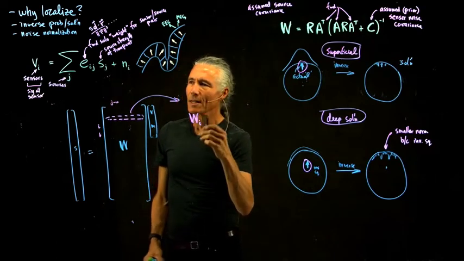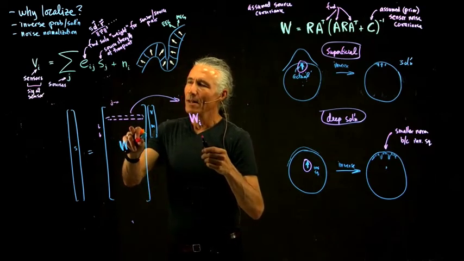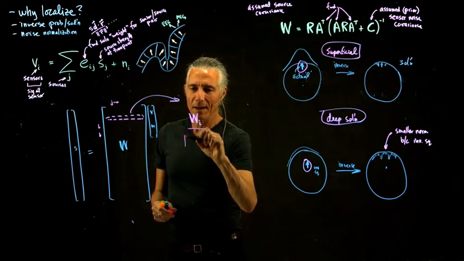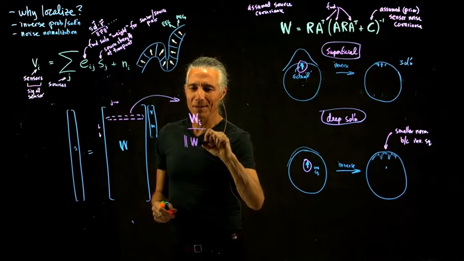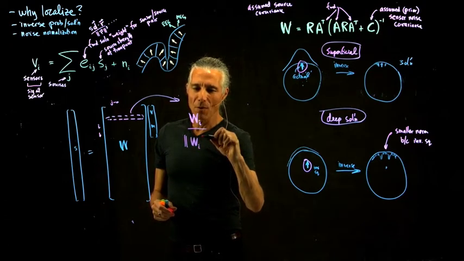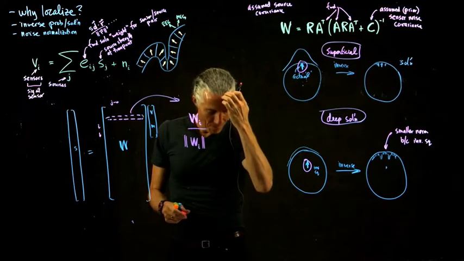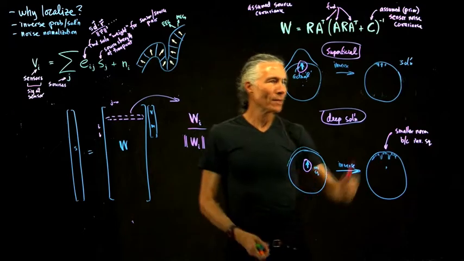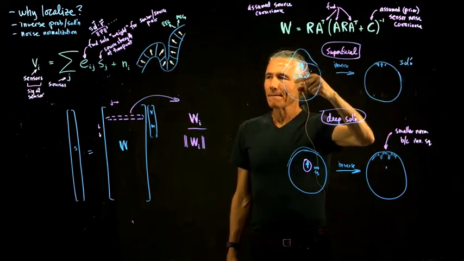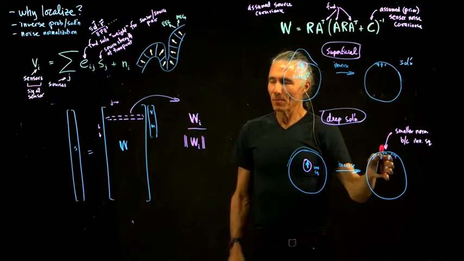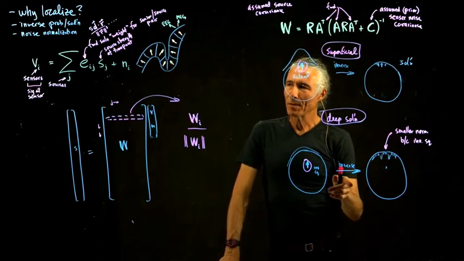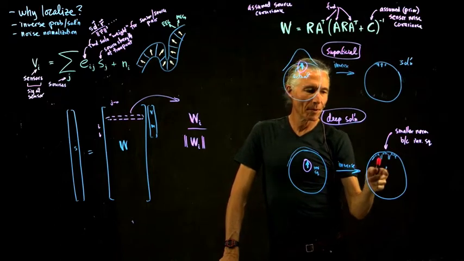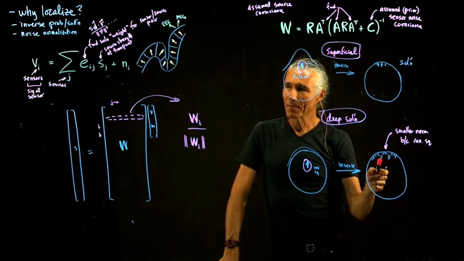If we take that inverse solution row of weights and just divide it by the norm of that row, what does that do? Normally, when we look at the inverse problem, why does it pick the superficial one in addition to the deep one?